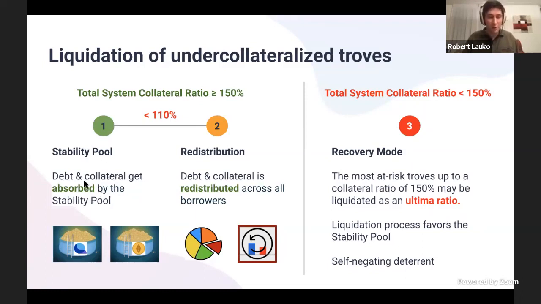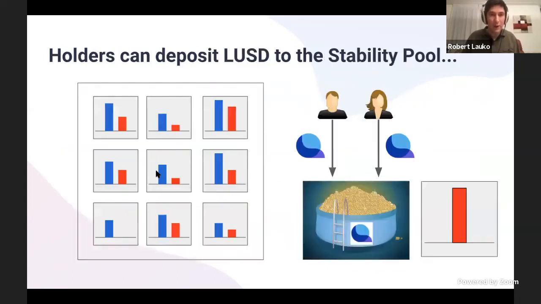And if the stability pool is not sufficient because it doesn't contain enough tokens for liquidating those troves, then we would fall back to another mechanism, which is a redistribution, which involves all the other borrowers in our system. So I will skip the recovery mode for now and just show you how this main stability pool-based and redistribution-based liquidation works in a bit more detail now.